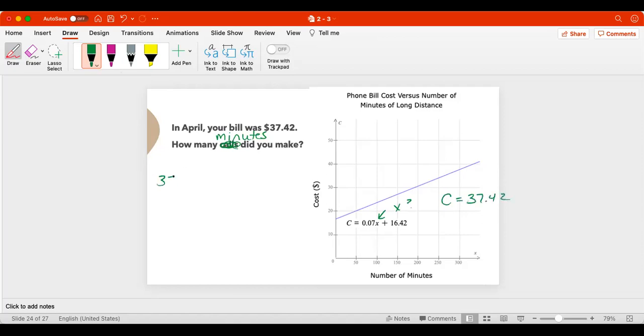So we're taking this equation, 37.42 equals 0.07x plus 16.42, and we're solving for x. So we need to take 37.42, subtract 16.42, and we get 21. And then divide by 0.07 to get x.